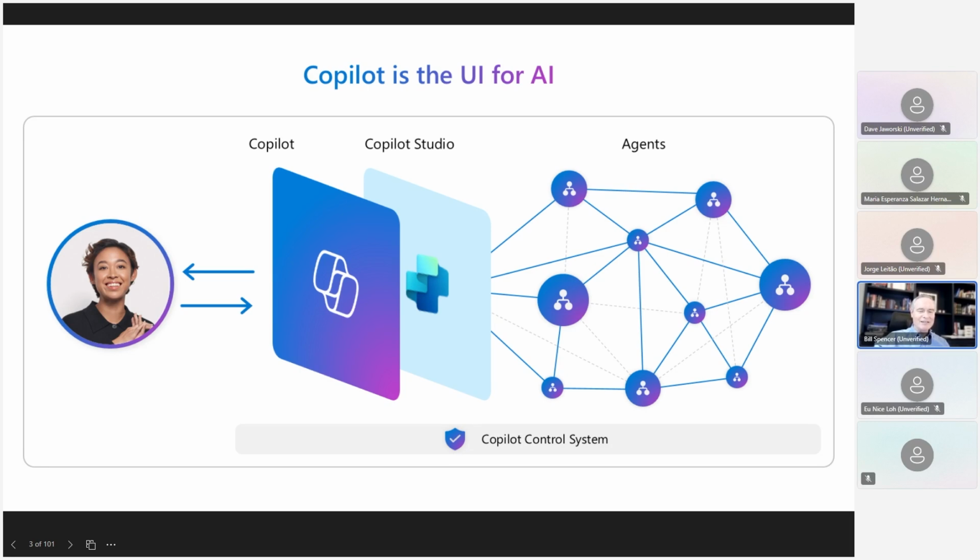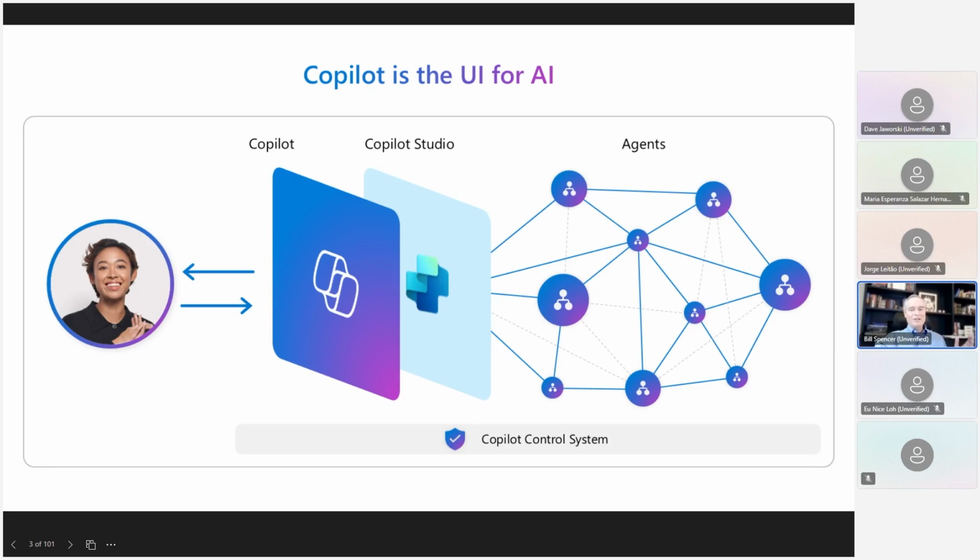Copilot Studio is a companion product to Copilot, and it makes creating agents as easy as customizing a spreadsheet and just as safe. The Copilot control system underlying all of these makes sure your agent automatically meets necessary legal, compliance, and organizational requirements.